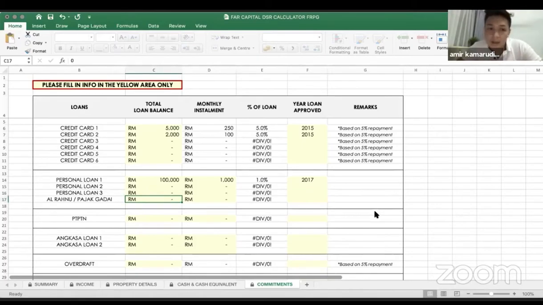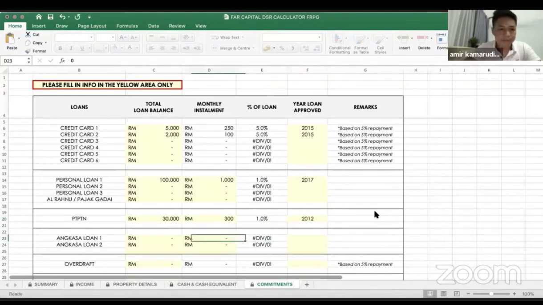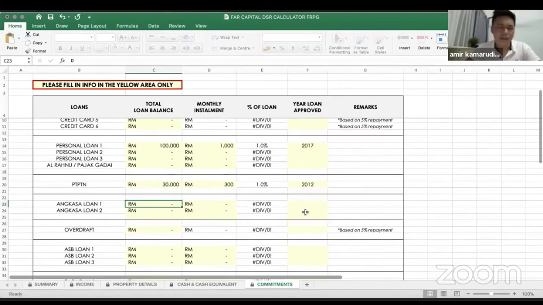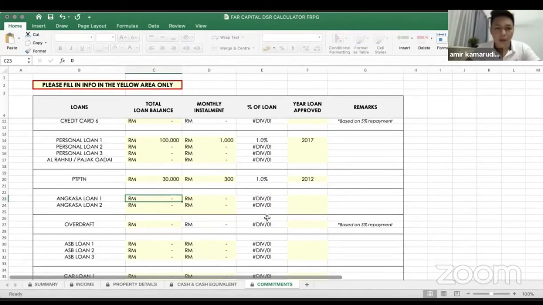Arahnu, pajak gadai, siapa yang ada, letak emas dekat arahnu ke apa, you put the total balance and berapa banyak you are paying every month untuk arahnu lah. PT-PTN, siapa yang ada pun letak juga, just letak 30,000, bayar setiap bulan, maybe 300. Okay. Angkasa loan, this is actually similar with personal loan.